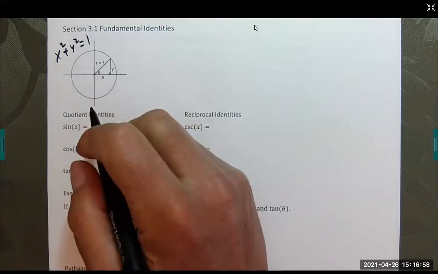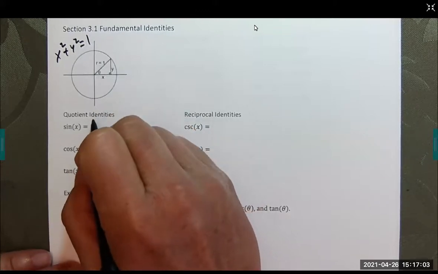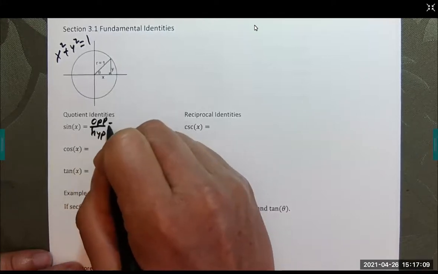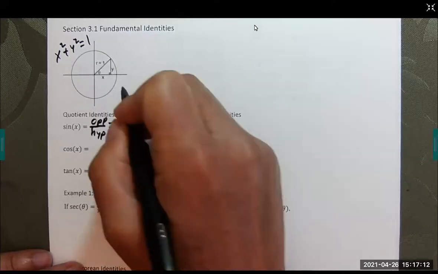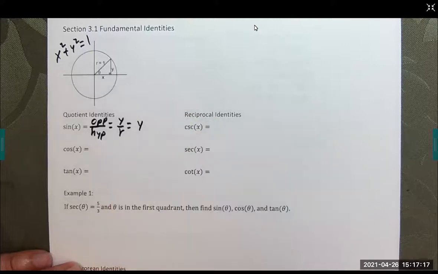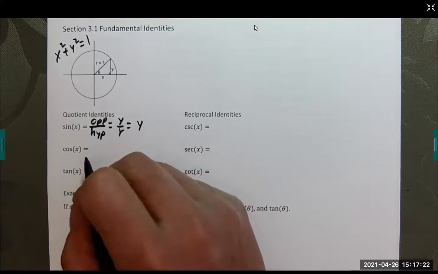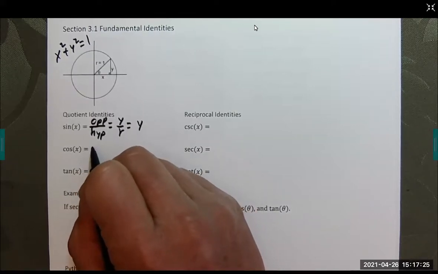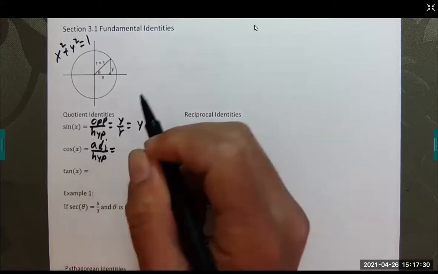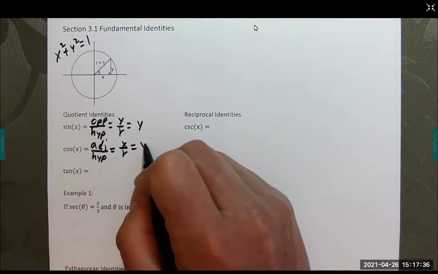Our quotient identities. Sine of x is the opposite over the hypotenuse, which is also y over r based on this triangle here. And if it's the unit circle, it's just y because r is 1. Cosine of x is going to be the adjacent over the hypotenuse, which is x over r, which if r is 1, then x is just x.